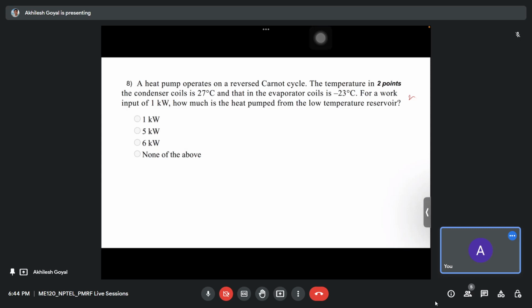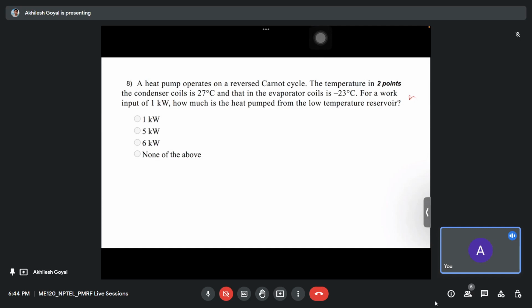So this question number 8 is a small numerical. What it says is a heat pump operates on a reverse Carnot cycle. The temperature in the condenser coil is 27 degrees centigrade, and that in the evaporator coils is minus 23 degrees centigrade.